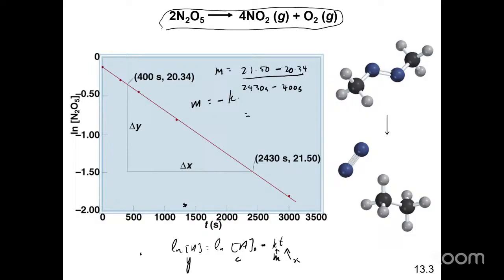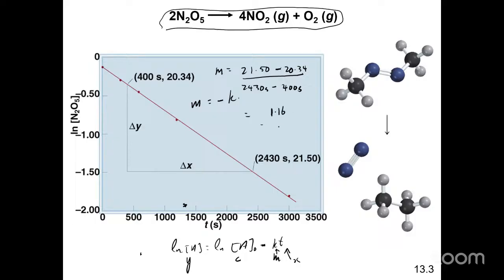So let's see what that gives. The numerator, 21.50 minus 20.34, equals, okay, so I got 1.16.